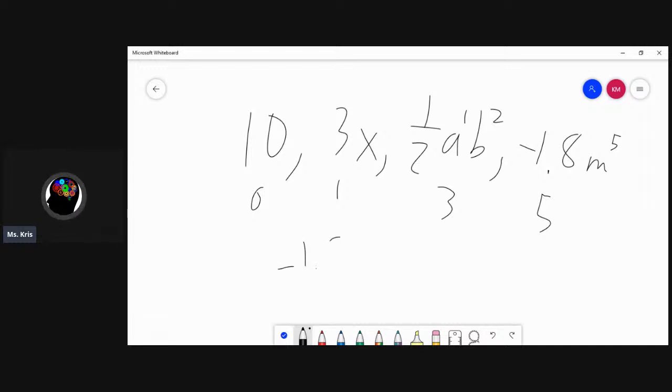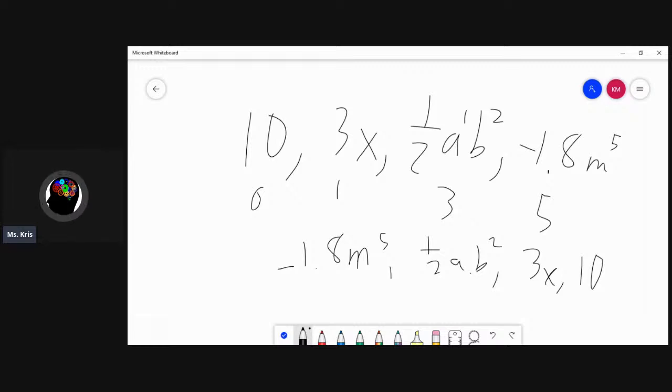So that means it would be negative 1.8 m to the fifth. Then 1/2 a b squared, then the 3x, then the 10.